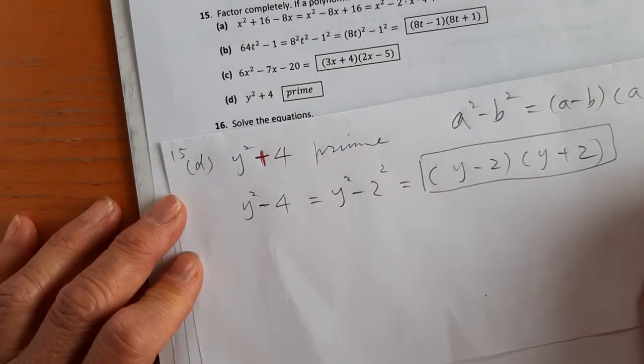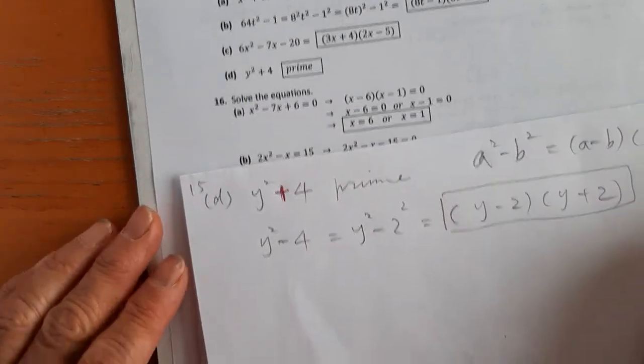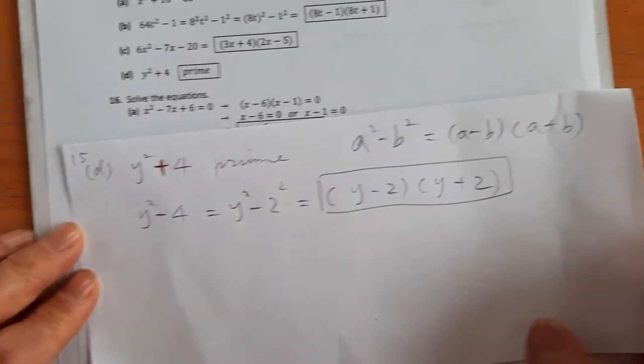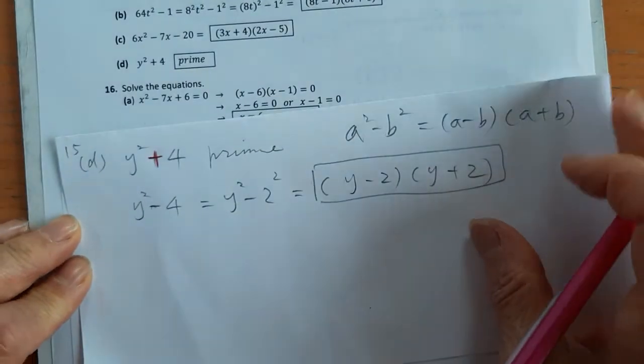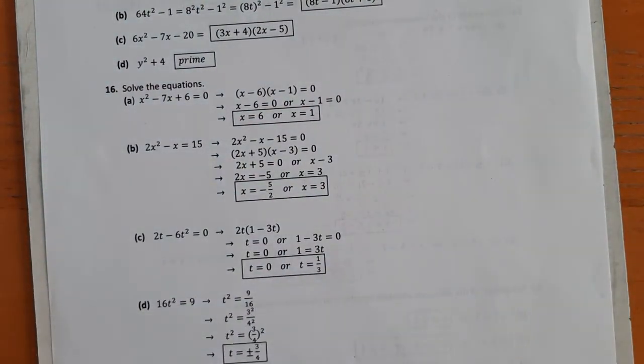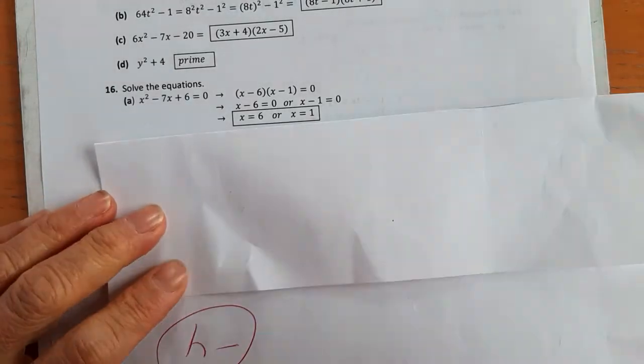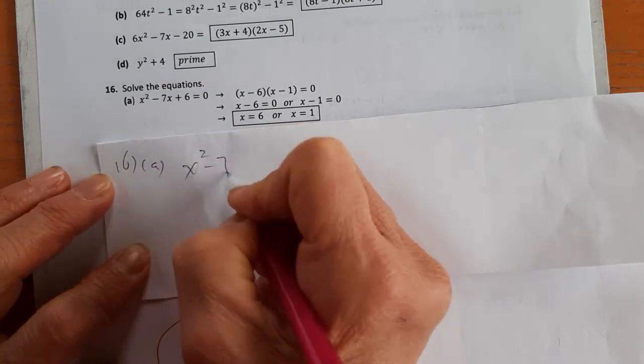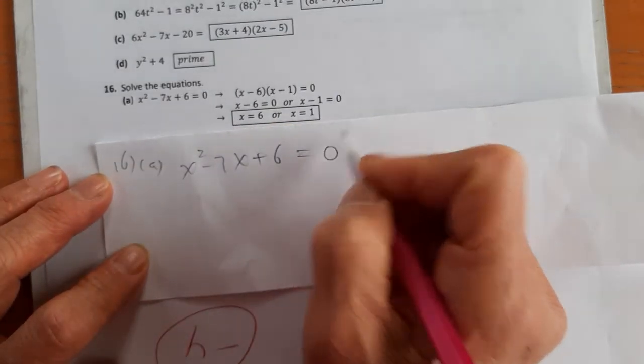Number 16 is solve the quadratic equation. A, if it can be factored, we factor it. So A is x squared minus 7x plus 6 equals 0.